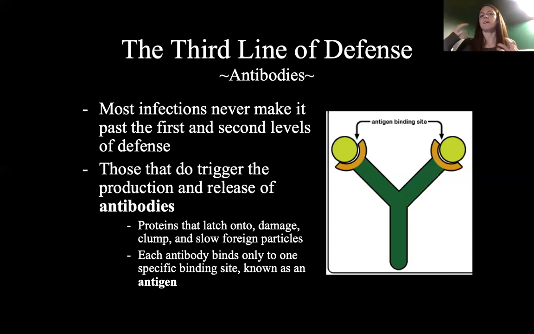You get a fever, you get a runny nose, your body has a huge response to it. But if you've been in daycare for about 4 years, by the time you're 6, you have a really good immune system. That's all due to antibodies. Every time your body catches a cold, it creates antibodies that will detect that cold and fight it a lot faster the next time. That's sort of how antibodies work, and this is our third line of defense.